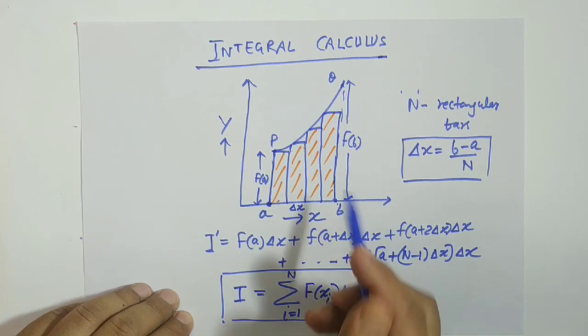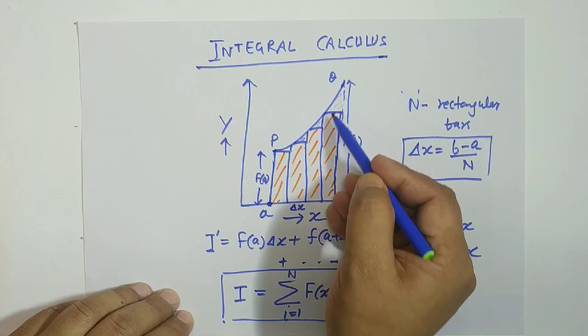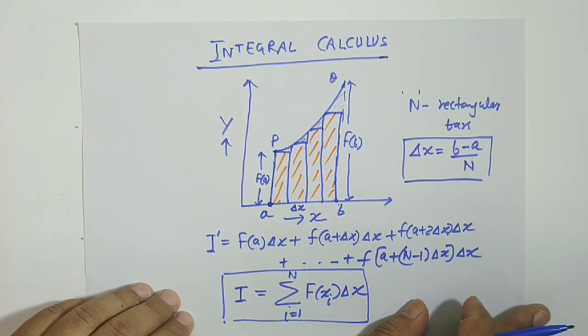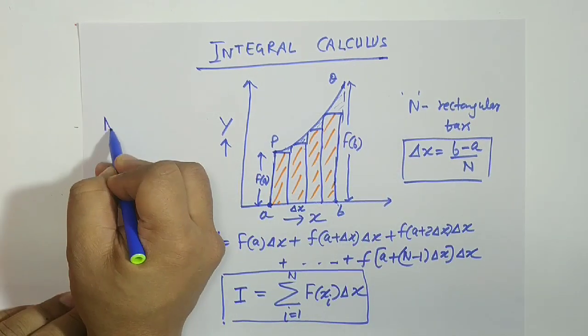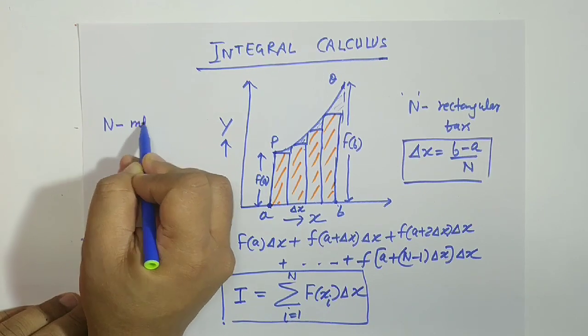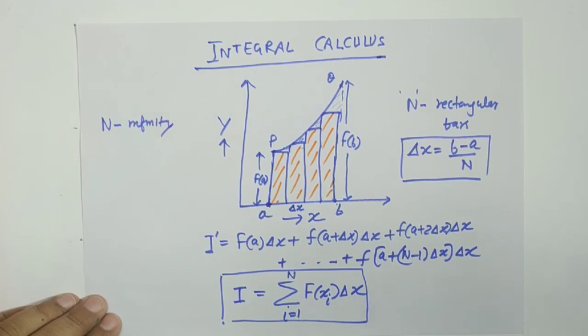But then exactly the area is not the curve because there are some triangles creating here, you know that. So what will happen? We have to increase n. When we increase n, it will go almost towards infinity. Again, there is a very important point: if you increase n, you will get a more precise area.